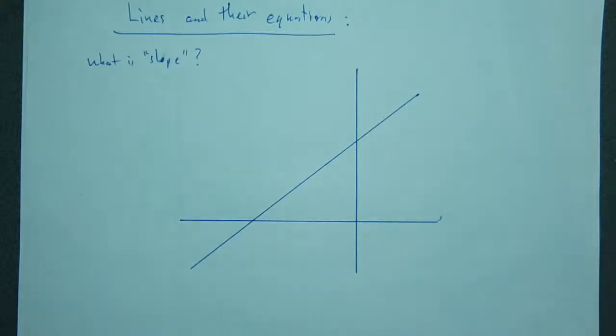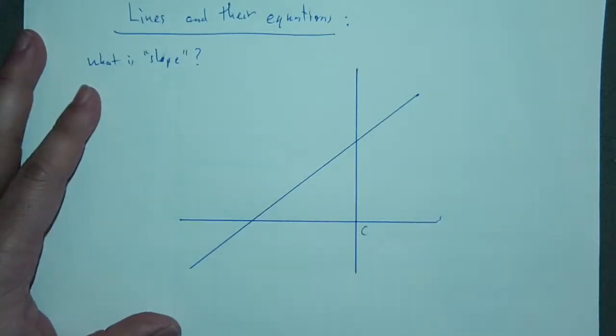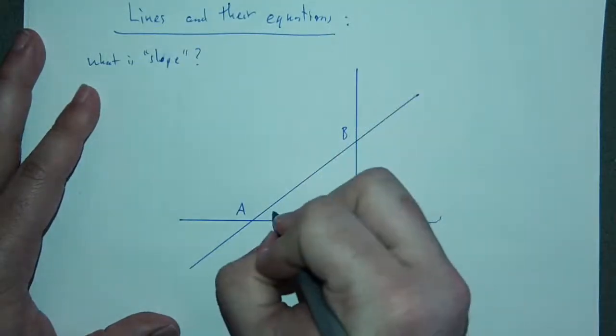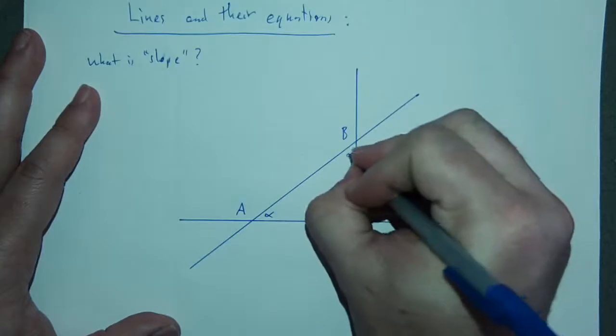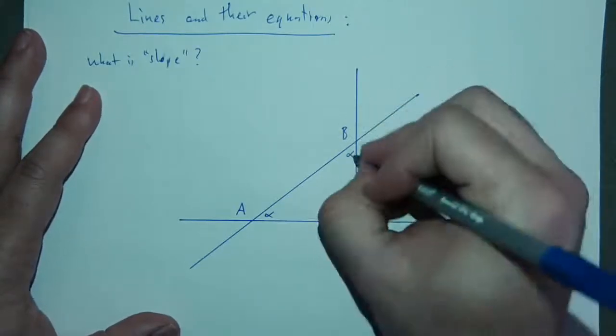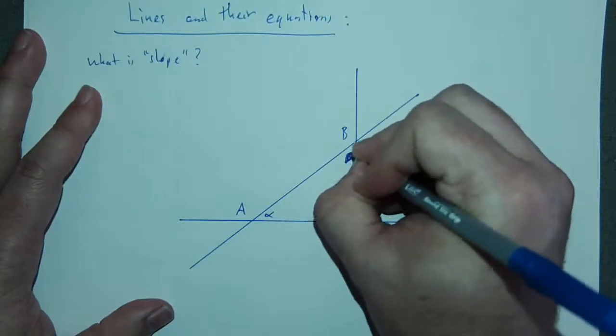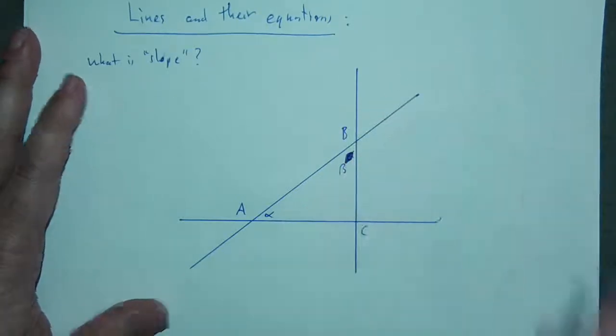We'll call this vertex C, and we'll call this A, we'll call this point B, and then we'll call this angle alpha, and this angle beta. Sorry, I drew an alpha again. That's really bad. So we'll call this beta. Okay.